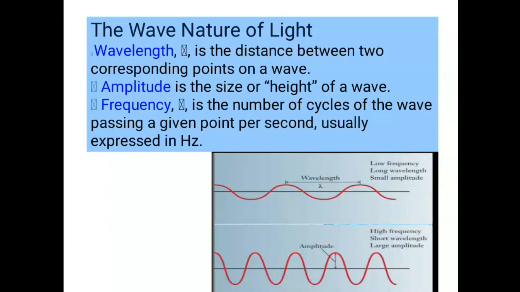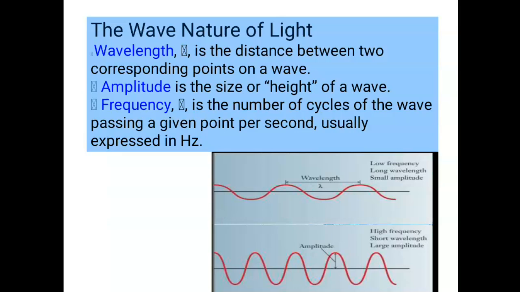The units of wavelength are angstrom, millimicrons, microns, nanometers, picometers. 1 angstrom is always equal to 10 raised to power minus 10 meter. 1 micron, 10 raised to the power minus 6 meter. 1 millimicron, 10 raised to power minus 9 meter. 1 nanometer, 10 raised to the power minus 9 meter. 1 picometer, 10 raised to power minus 12 meter.